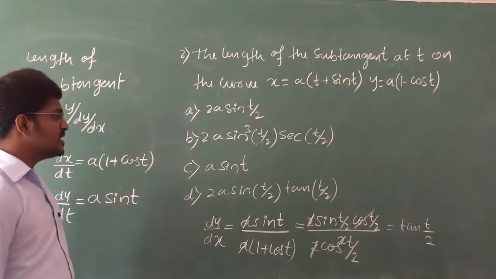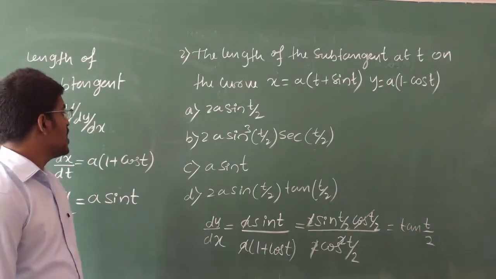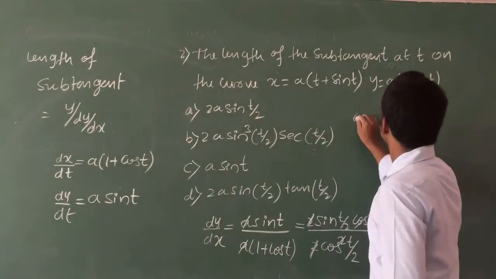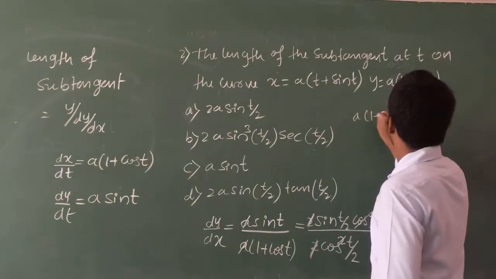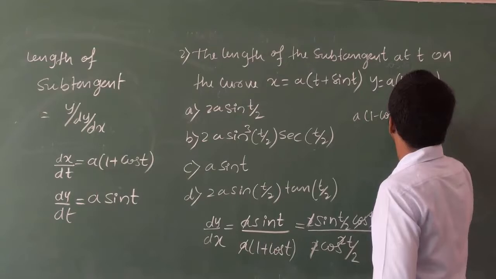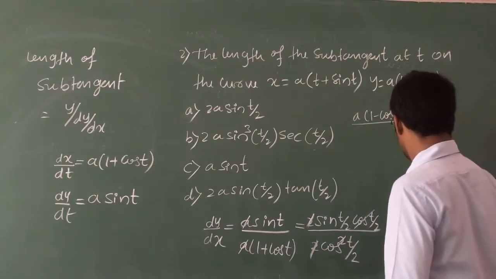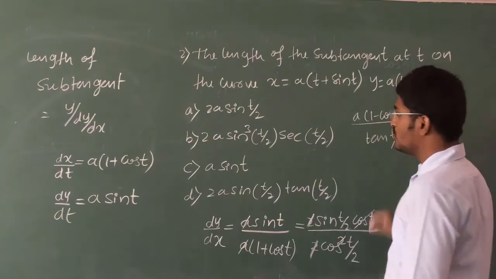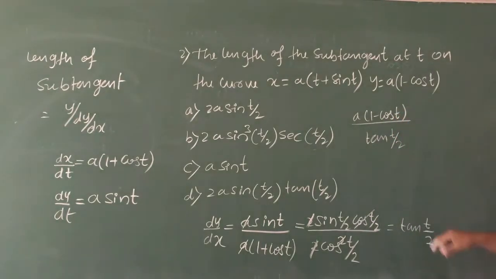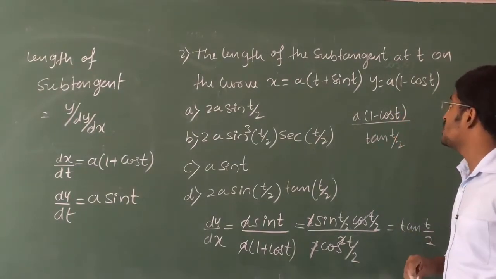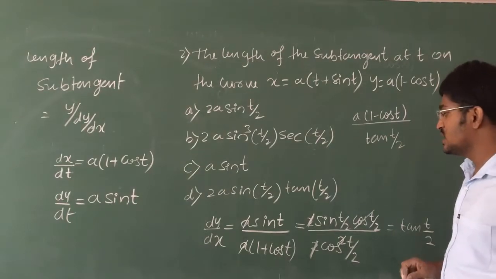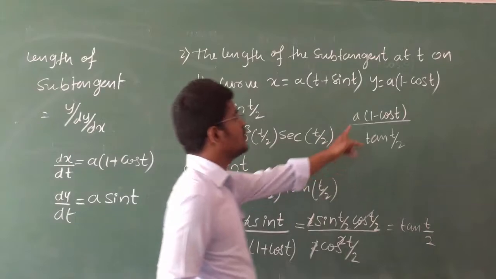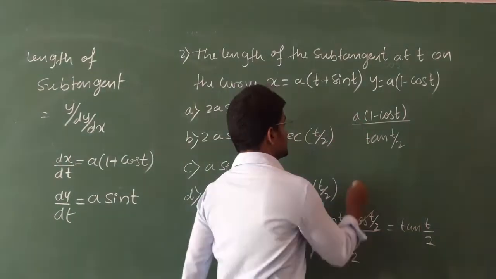Okay. So using this tan t by 2, you have to write this formula. That is y, which means a times (1 minus cos t), divided by tan t by 2. Clear? So 1 minus cos t is what? 1 minus cos t is 2 sin square t by 2.